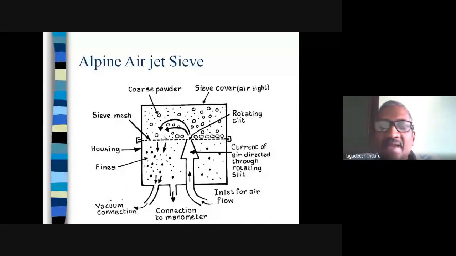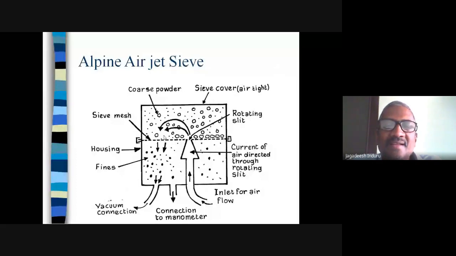We apply air inlet from the bottom, and when air comes, it forcibly makes the powder float. When the powder floats in the top chamber, the minus material will come down and the plus material will stay above the sieve. Each time you get two fractions of the powder.